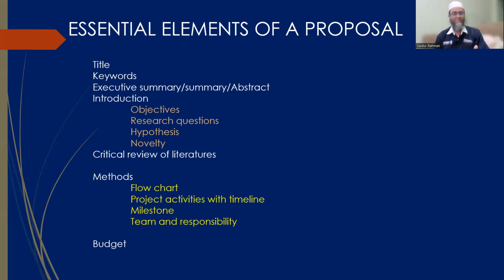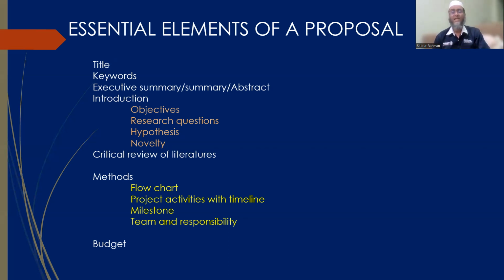And there are sometimes an introduction or critical review of literature. All these are combined. So we really need to know the requirements and guidelines, and the templates are also given. We really need to go through all those templates and guidelines to understand the structure. But these are basically the most important elements.